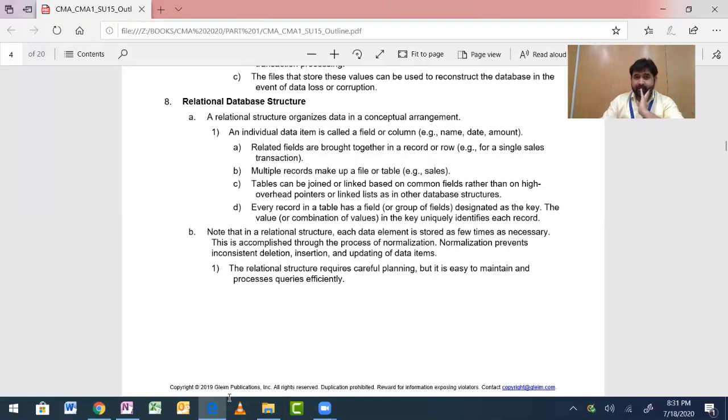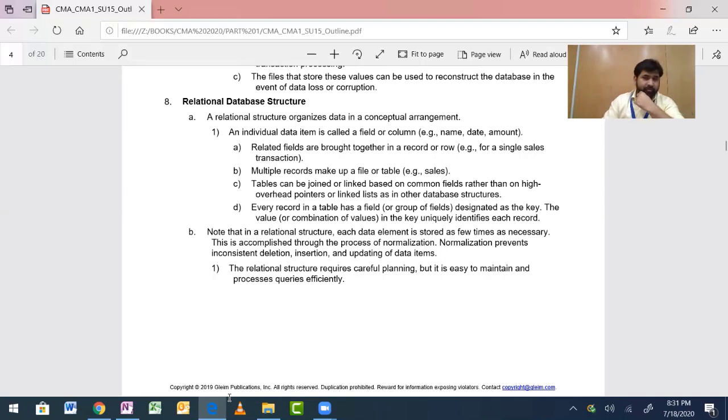Note that in a relational structure, each data element is stored as few times as necessary. As few times as necessary. This is accomplished through the process of normalization. Normalization basically prevents inconsistent deletion, insertion, and updating of data items. Fine.